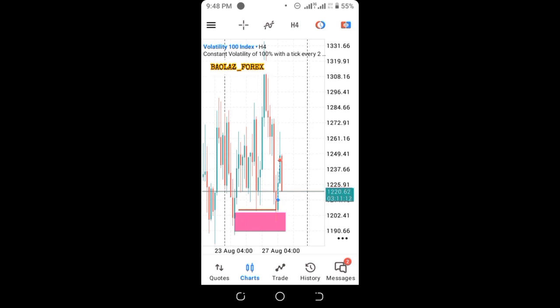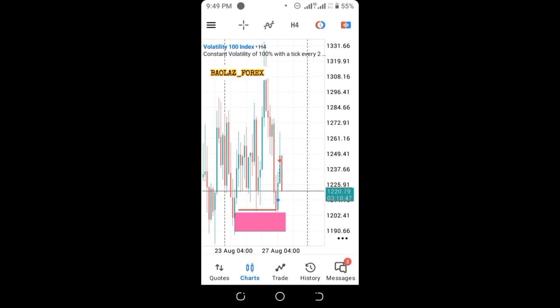You can see the market broke this high here. Before it broke, there's a liquidity down here. Then it comes back. If you always use something like this, there's a higher chance you win 90% of your trades.